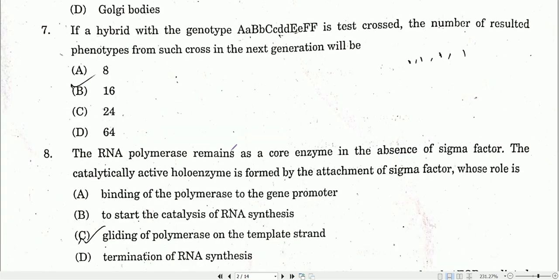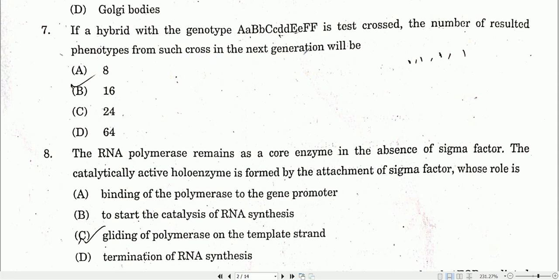Coming to question number 7. If a hybrid with the genotype capital A, capital B, capital C, small d, capital E, and capital F... So here the question asks for the number of phenotypes resulting from such a cross in the next generation.